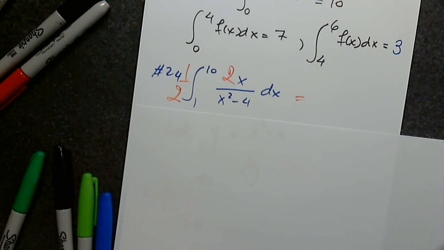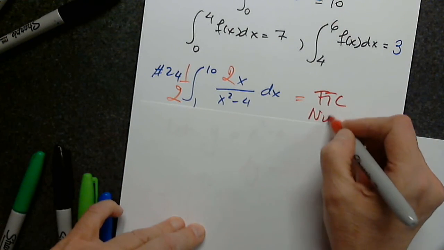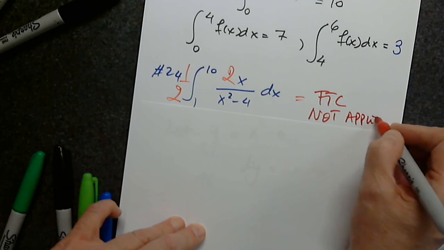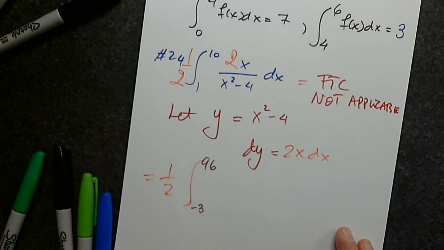And that's what happens. No, I did not try to trick you or anything. I just went ahead because I liked this integral, the way it looked, but I did not check. Is this function continuous on 1 to 10? No. So FTC, not applicable. I just liked the way it looked, but I wasn't thinking.